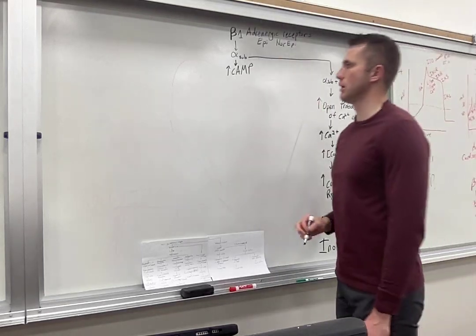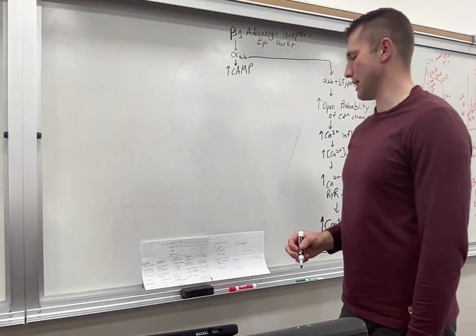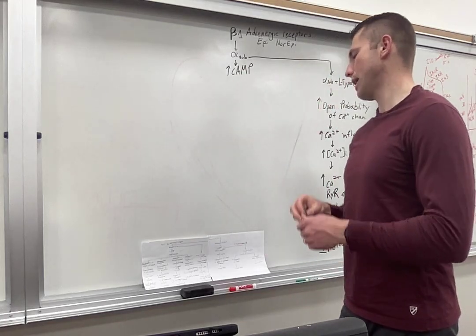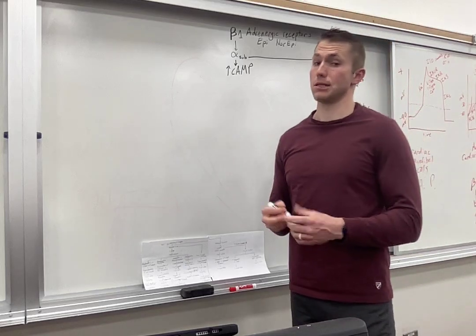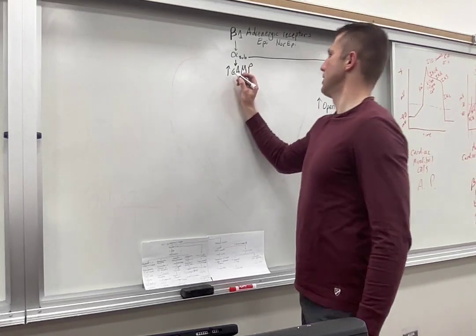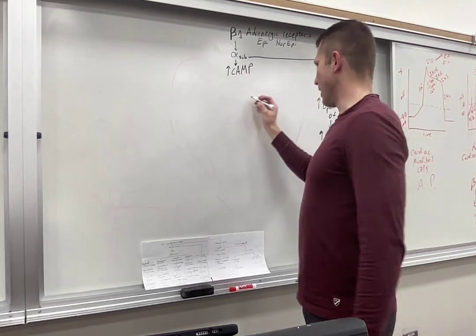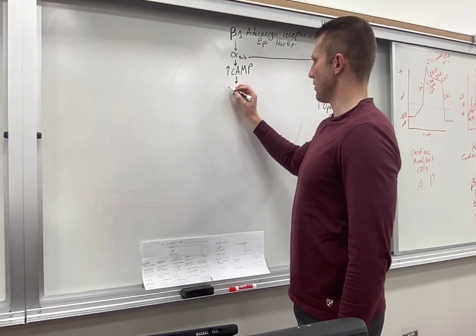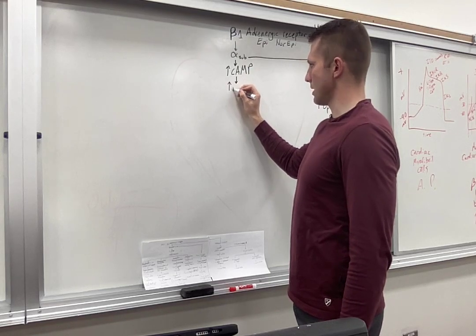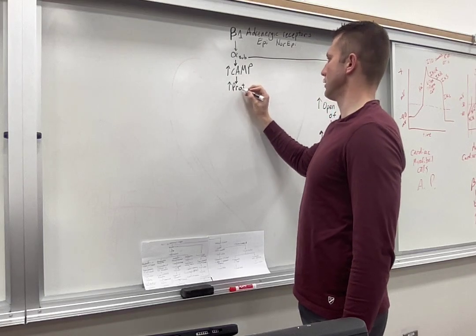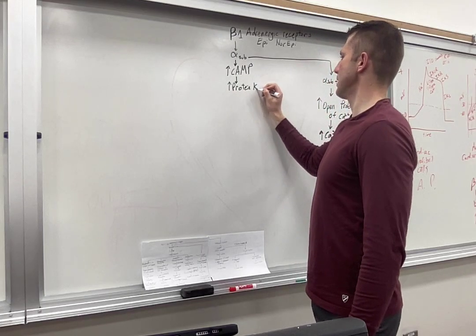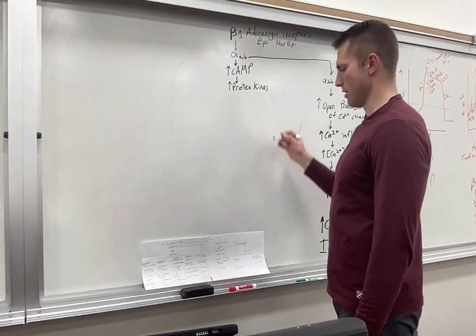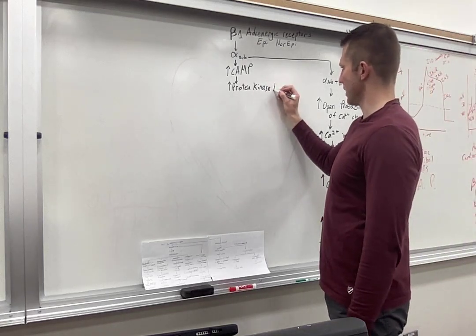So that alpha subunit goes, and it really goes to adenylyl cyclase, and that causes cyclic AMP to be synthesized from ATP. So this cyclic AMP is going to go meet up with its homeslice PKA. Protein, sounds like a Smash Bros, you know, PKA something, I don't know, whatever. But protein kinase A.